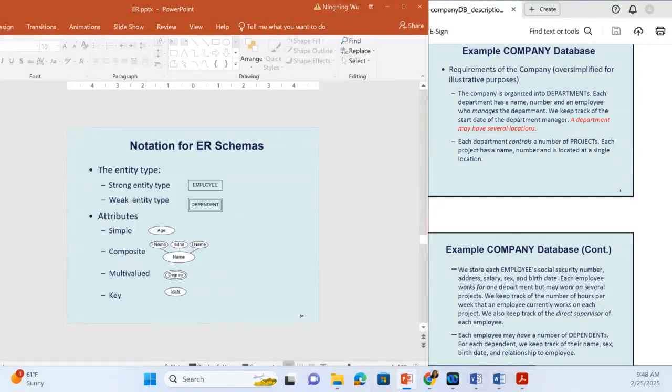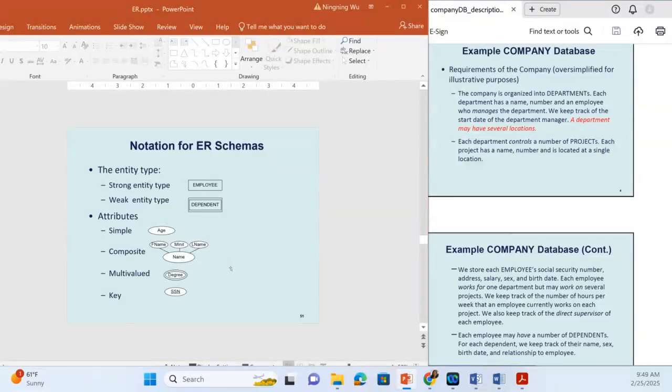So this is an overview of the notation for ER diagrams. Recall that for ER diagrams, there are three important things we need to capture. First, the entity types, representing what type of data we need to store in the database. Second, the relationship types, which describe a relationship between two entity types.